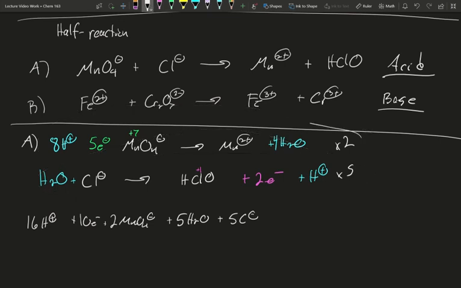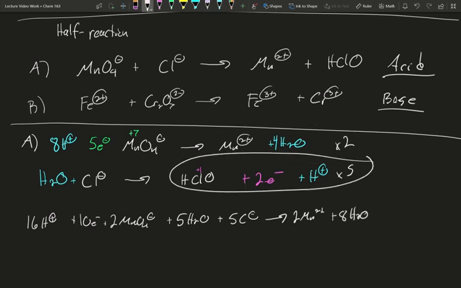As to the products, well, 2 times Mn2+, 8 waters, and then for the second half reaction, 5 times, so we're going to get 5 HClOs. We're going to get 10 electrons, and we're going to get 5 H pluses.